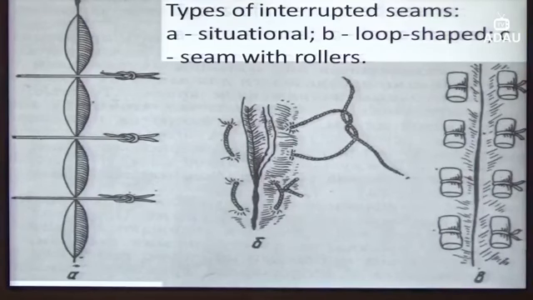Very useful are situational seams, and when we operate on deeper organs of the peritoneum, we should apply loop-shaped or situational seams, and the seam with rollers we use when we want to operate on very patchwork wounds.